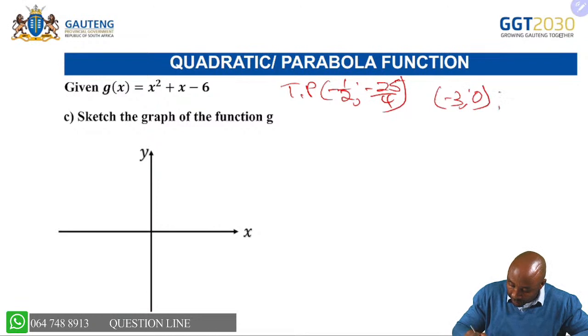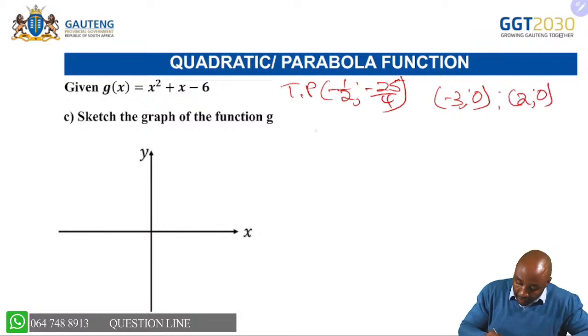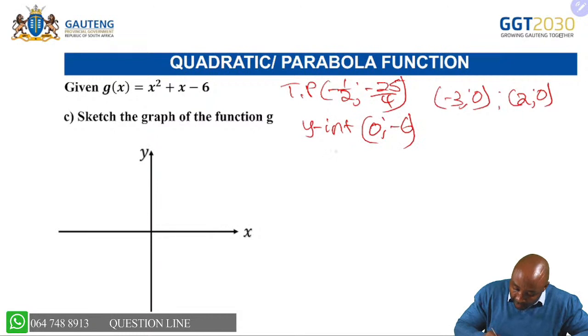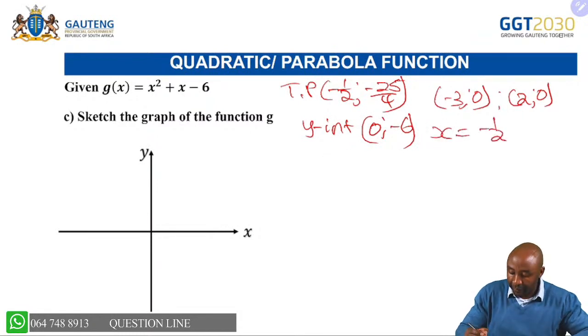We also have our other x-intercept as 2 and 0. And we have our y-intercept as 0 and negative 6. Our axis of symmetry will be given by x is equal to negative half.